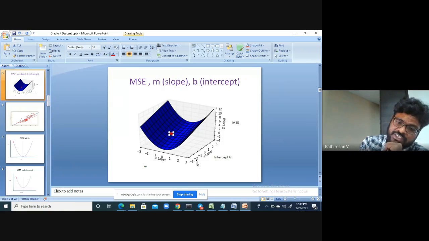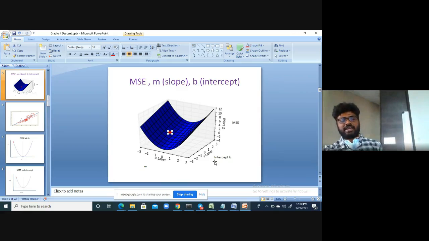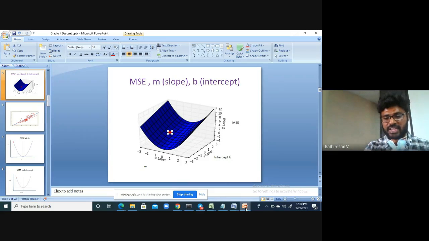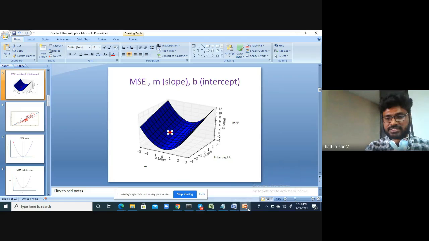It is reaching global minima. After reaching global minima, MSE will increase. So you can understand this is the minimum point, and you can fix this as global minima, fix that particular m and b value, and you can fix the line. Okay, this is how the gradient descent algorithm works.